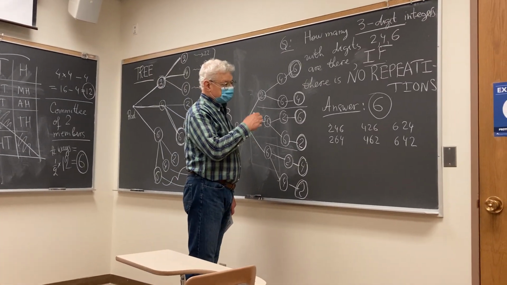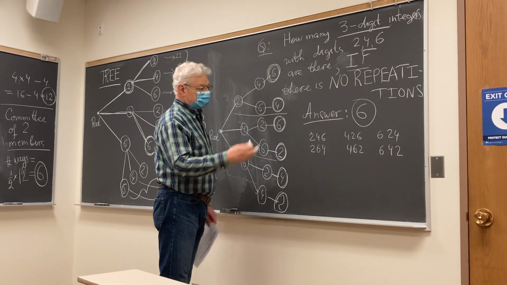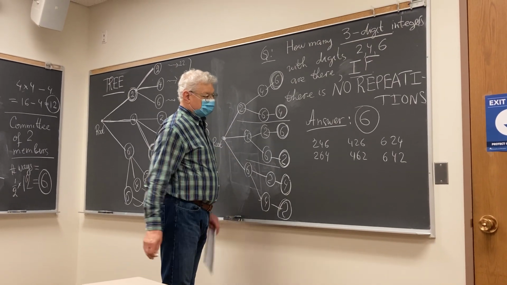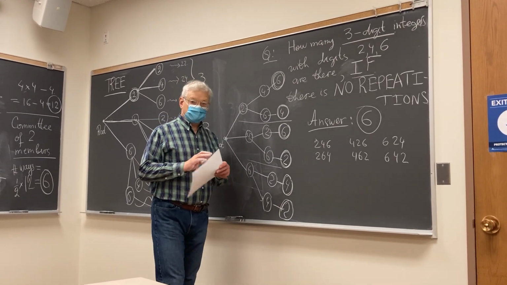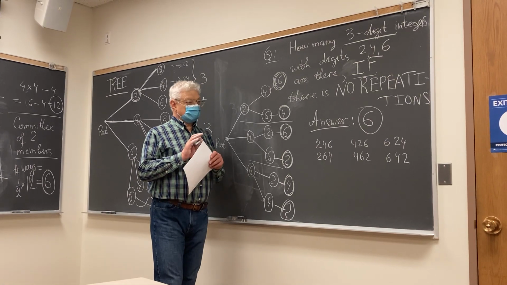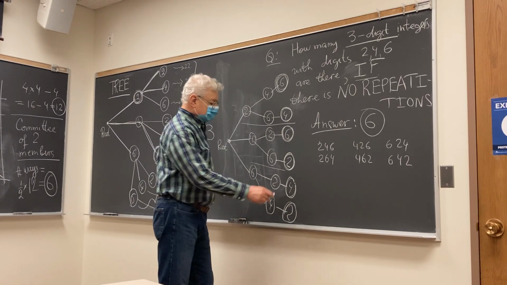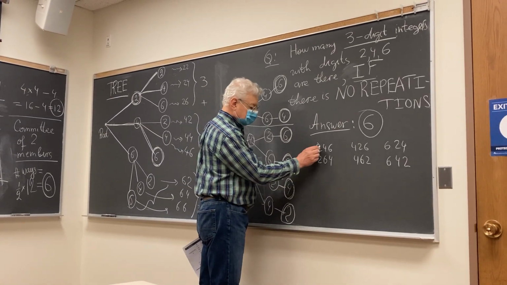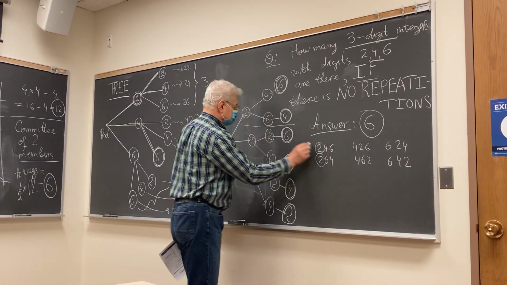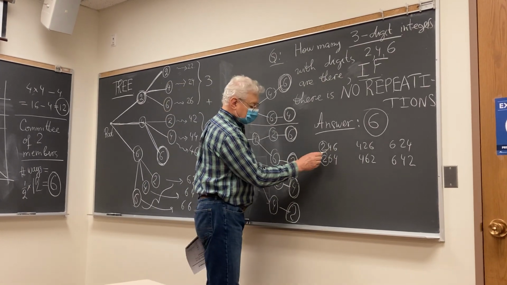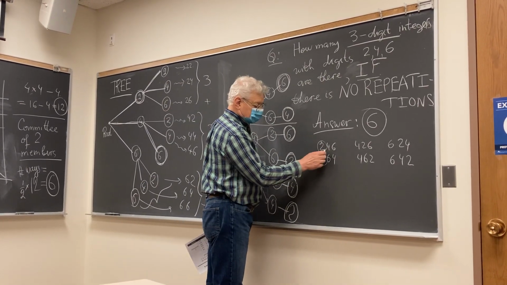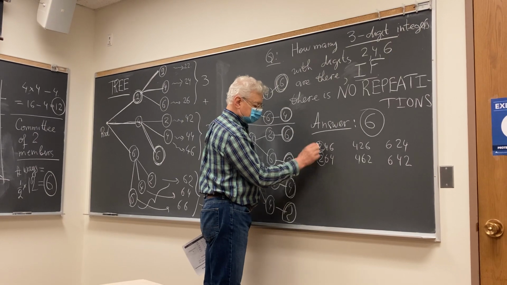By the way, what I wrote here from the tree gives a little bit different solution, and also gives me an order how to arrange all the 3-digit numbers and don't miss anything, and don't write the same number twice or 3 times. So how do you do this? You first consider digit 2. This is the same as to start with. Now after that, what can you write for the other two digits? Either 4, 6 or 6, 4.